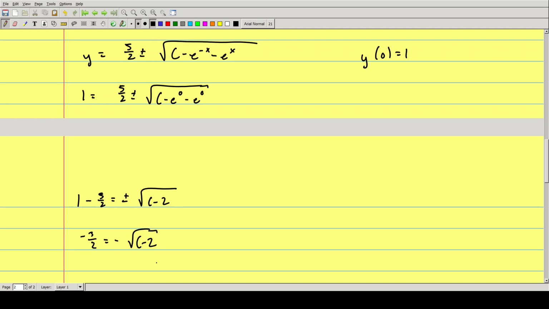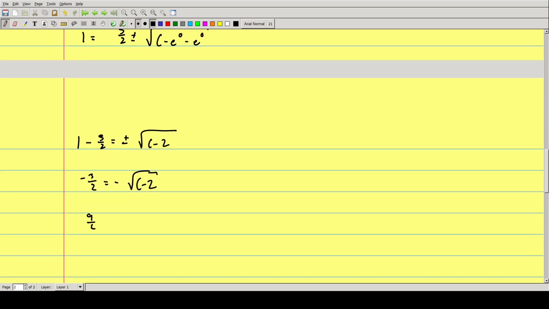We're going to just square both sides now to get rid of the square root. And so we get that c is 17/4. All right, that makes sense?